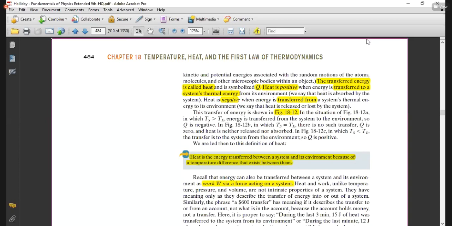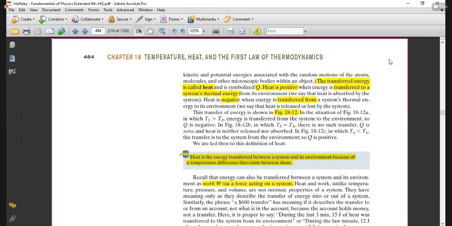चल ओके, अब अगेन नेक्स्ट क्वेश्चन आ जाता है कि when would Q be positive, when can we take heat as positive, and when can we take it as negative. Heat is positive when energy is transferred to a system. ठीक है, let's suppose कि अगर आप cold can ले रहे हैं, cold body है, the energy is transferred from the environment to the cold body.